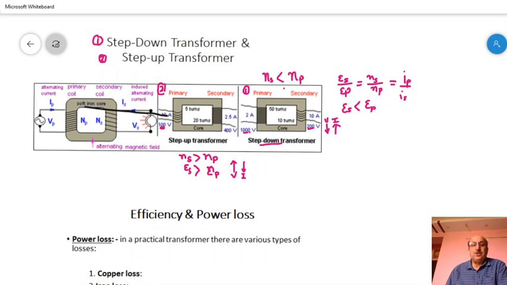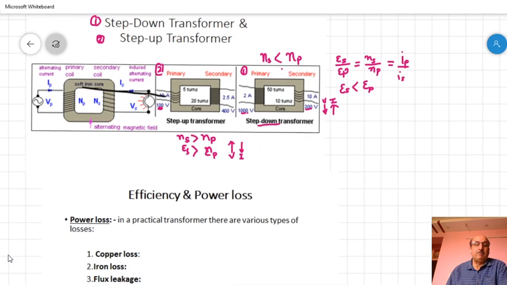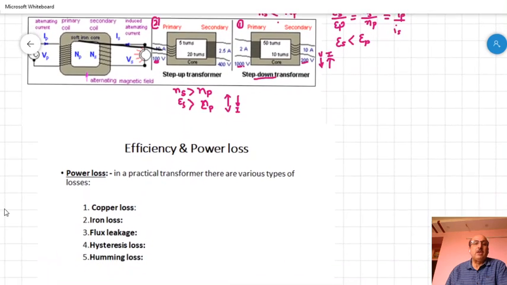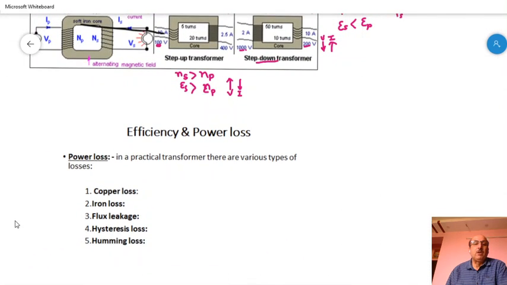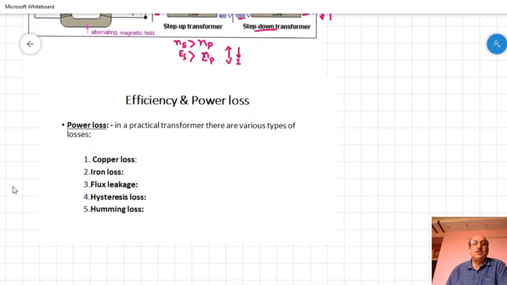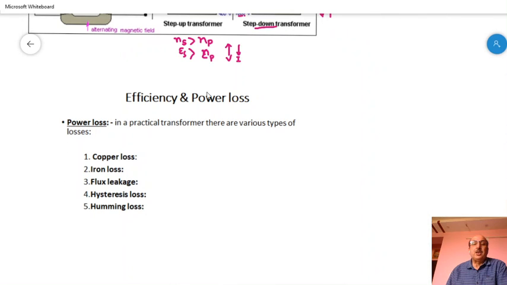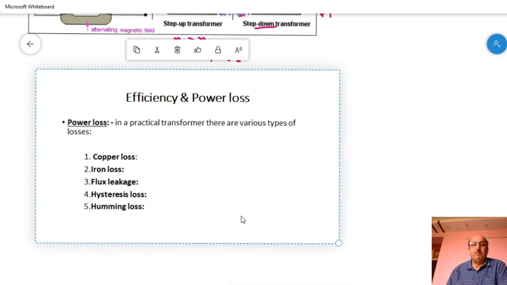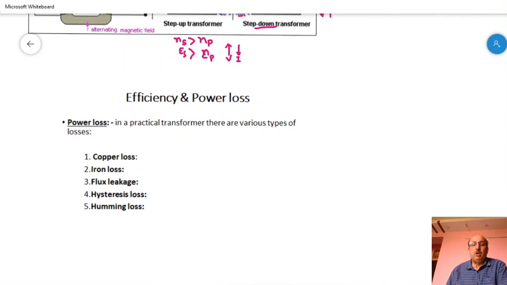Now next point is the efficiency of transformer. What is efficiency? The efficiency is the ratio of output power to the input power, and it is represented by eta.